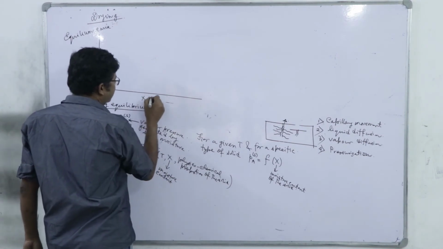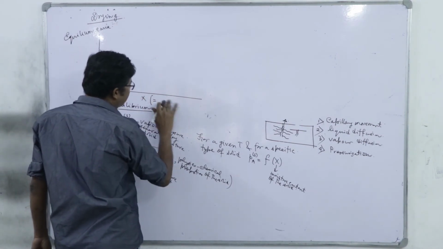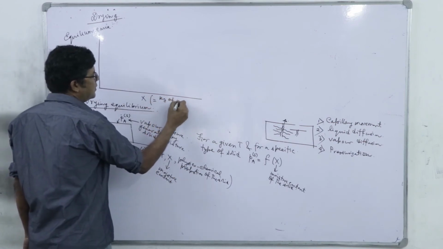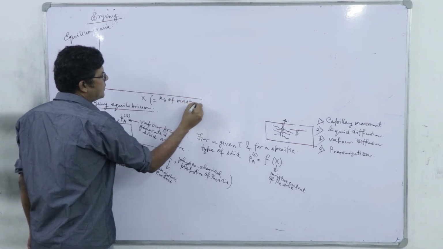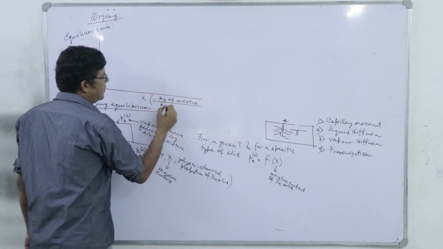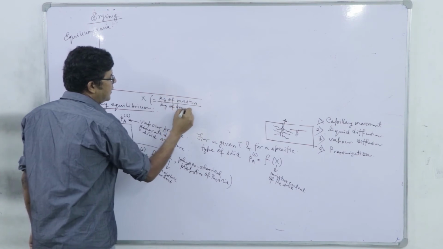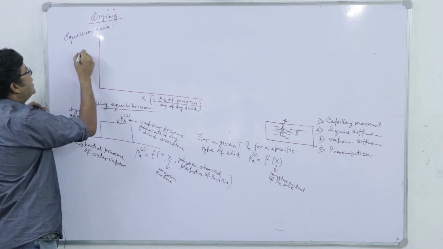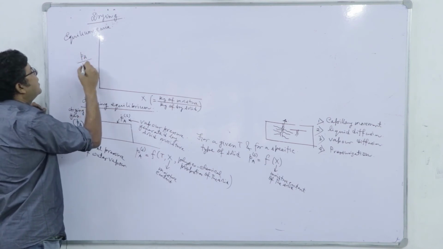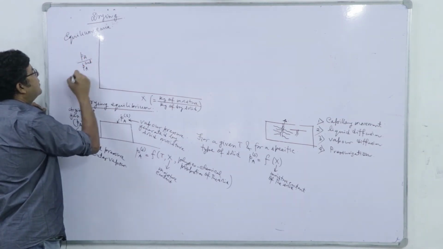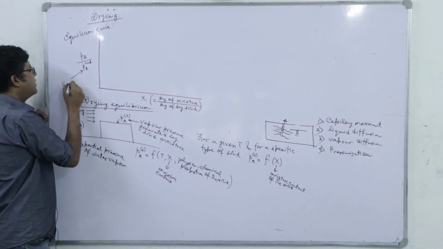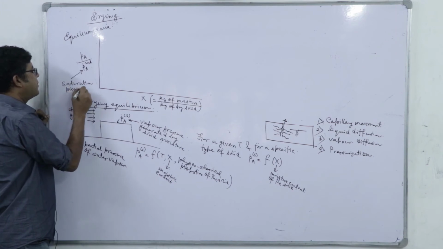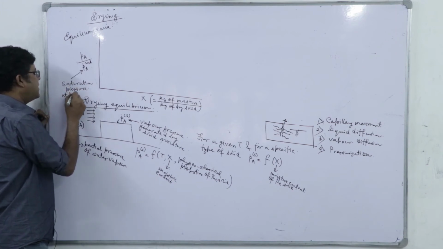Here this is X, the moisture content, which is generally written on a dry basis, so this is kg of moisture per kg of dry solid, and here we are plotting PA by PSAT, which is the saturation pressure at the operating temperature.